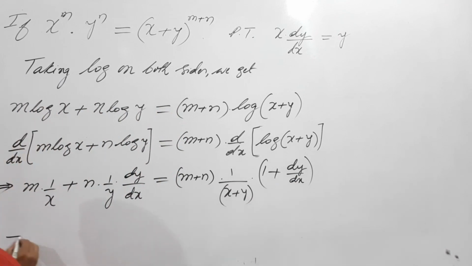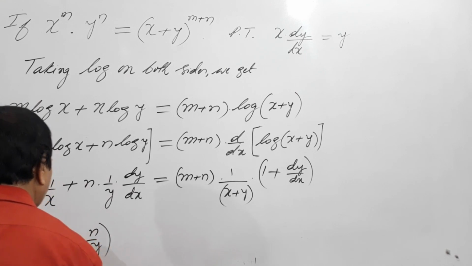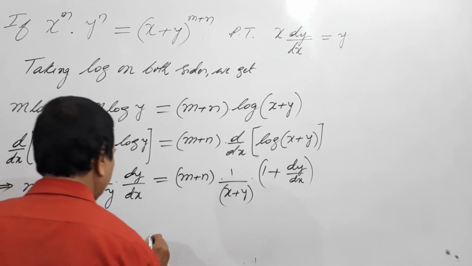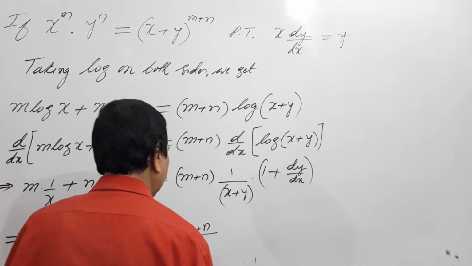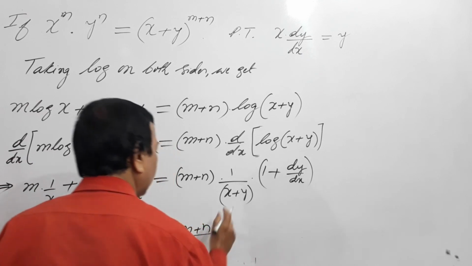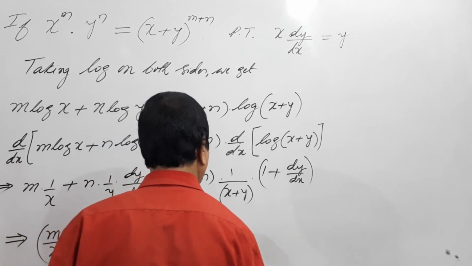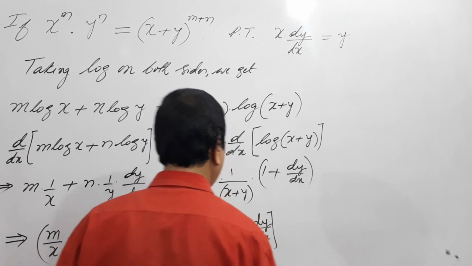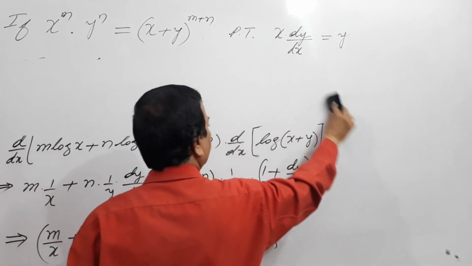This can be written as (m by x plus n by y) into dy by dx equals (m plus n) by (x plus y) into (1 plus dy by dx). I'll rub this one step.